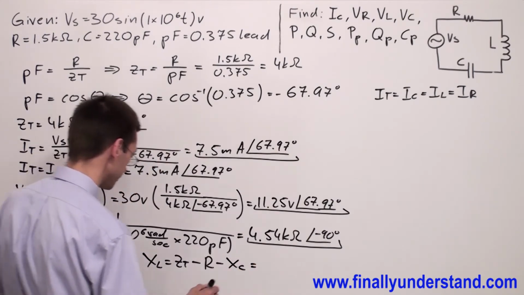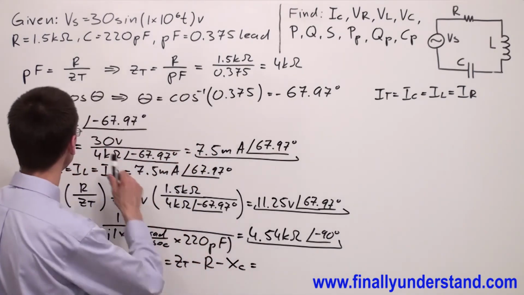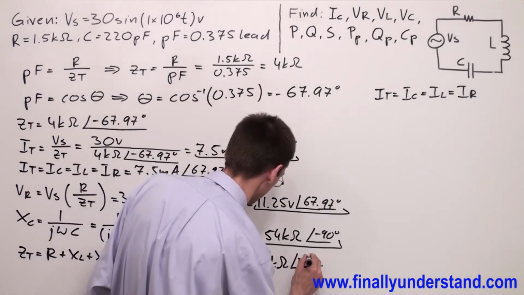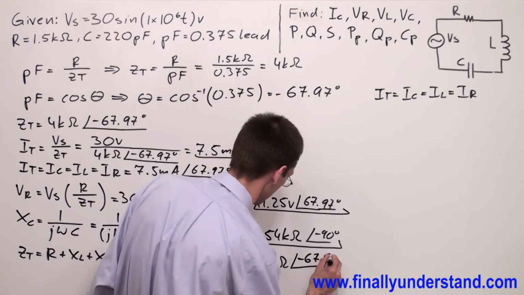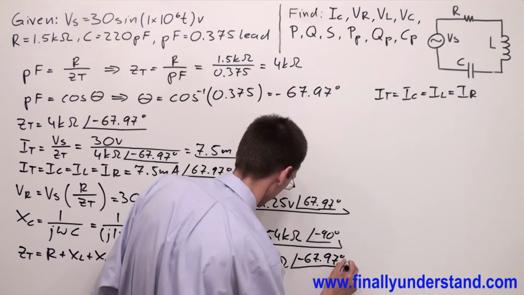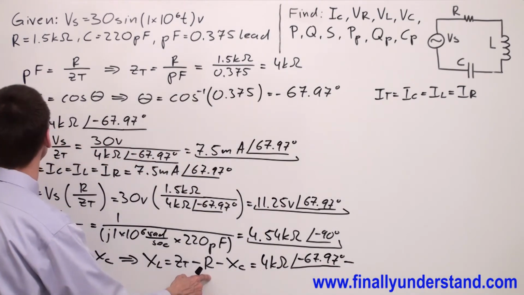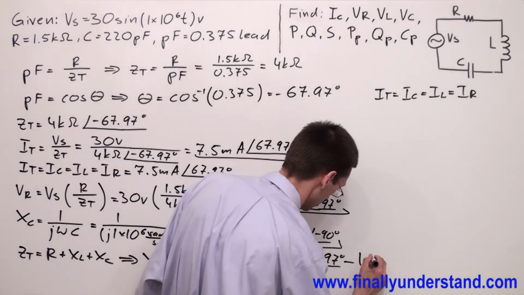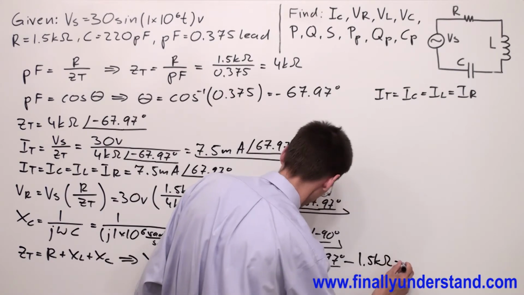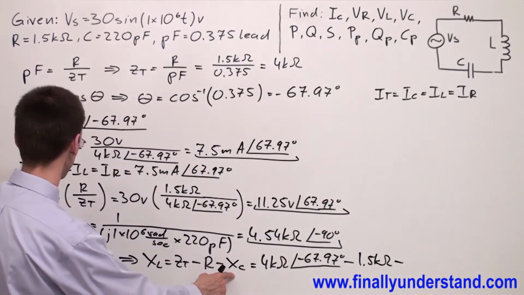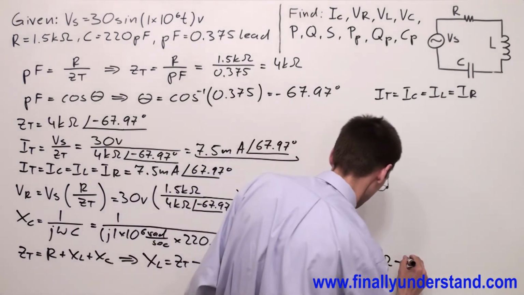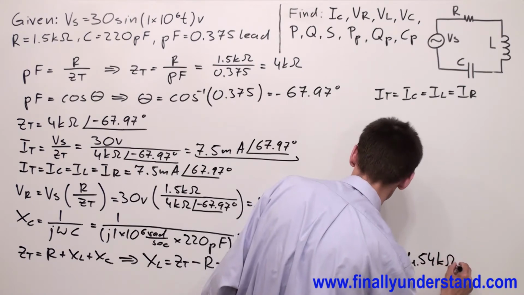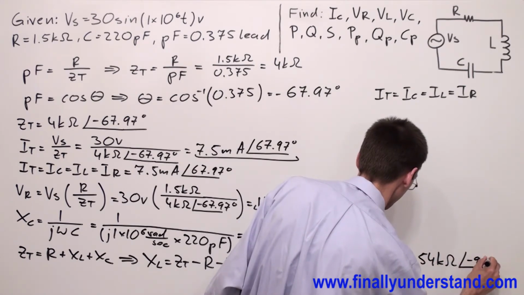So this is equal to, Z total we found is 4 kiloohms and angle of negative 67.97 degrees, minus resistance, which is equal to 1.5 kiloohms, and minus X of C, which is equal to 4.54 kiloohms and angle of negative 90 degrees.